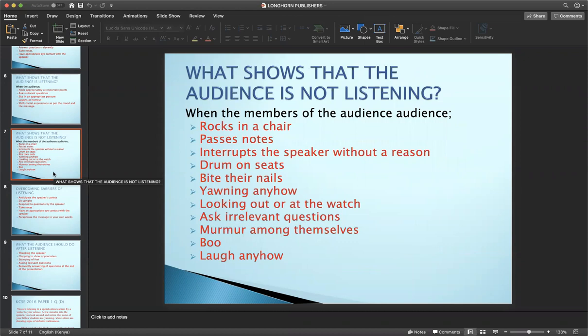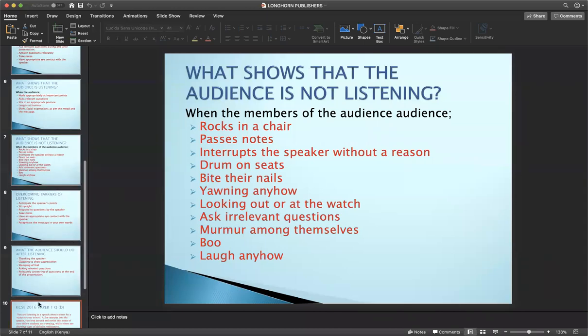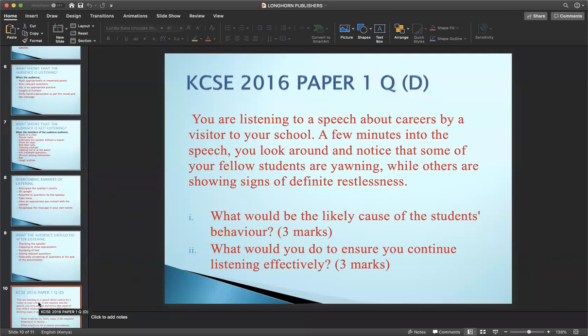Some of them are not seated in a posture that is appropriate. They are not having appropriate eye contact with the speaker. And there are so many other ways you can answer that question. The problem may also be with the speaker.